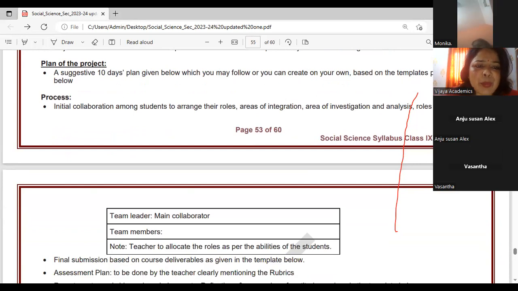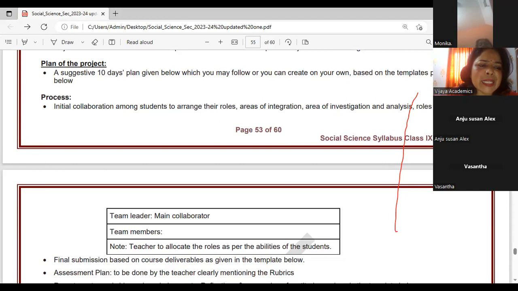Suggestive 10 days plan given below, which you may follow or you can create on your own based on the templates provided below. As I have told, this project you are going to complete between April to September. So from your schedule, whatever the lesson plan you have prepared, from that you are going to utilize 10 days exclusively for this interdisciplinary project.